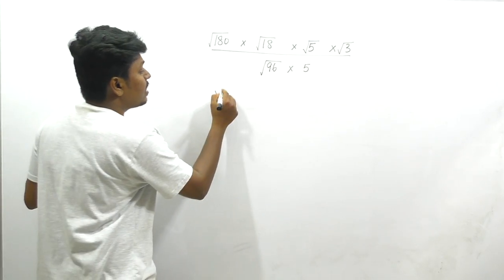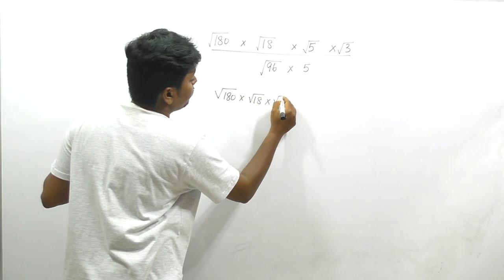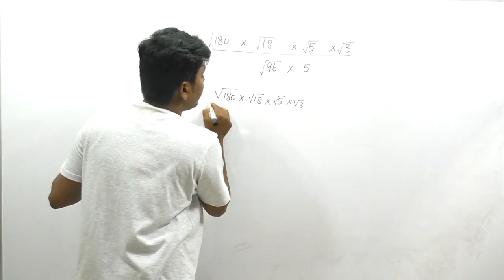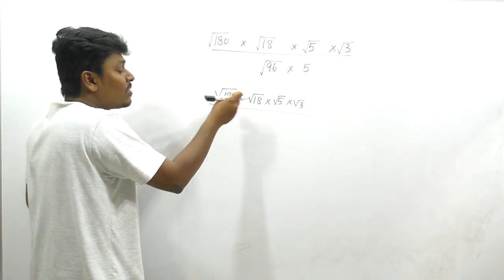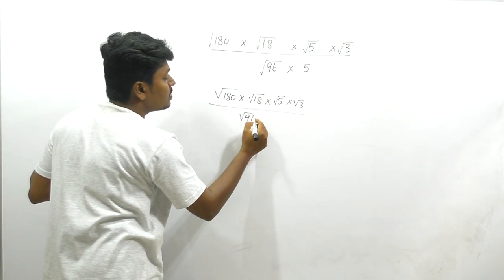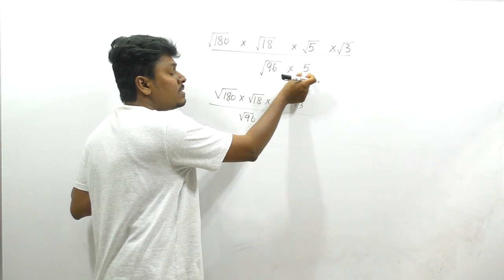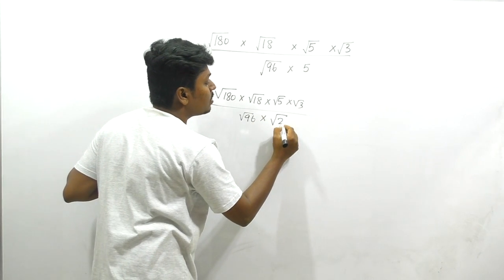Listen carefully, friends. Root of 180 into root of 18 into root of 5 into root of 3. I am just going to keep the numerator as it is because every number is inside the root. Similarly, root of 96 is also inside the root. But here it is 5. In order to convert this number inside the root, I can write it as root of 25.